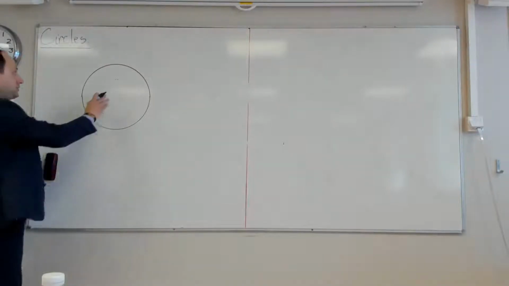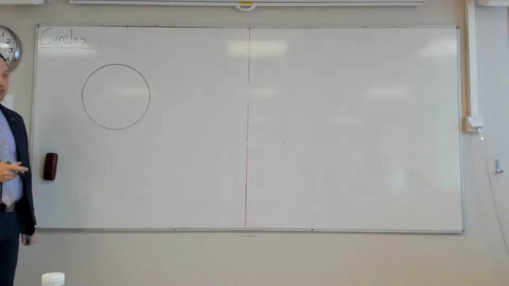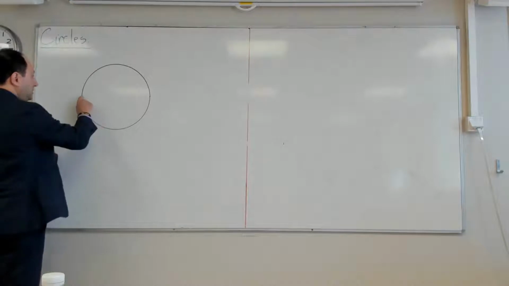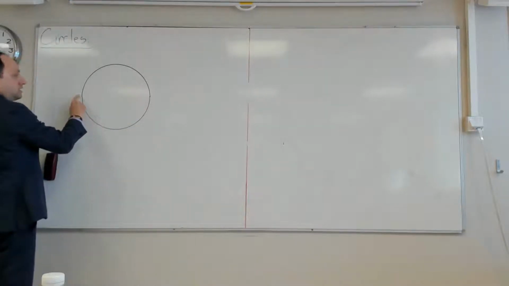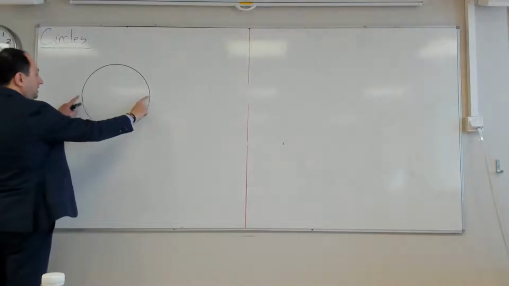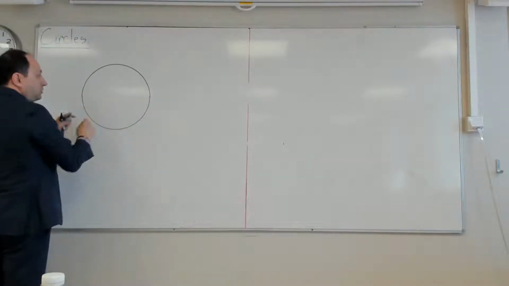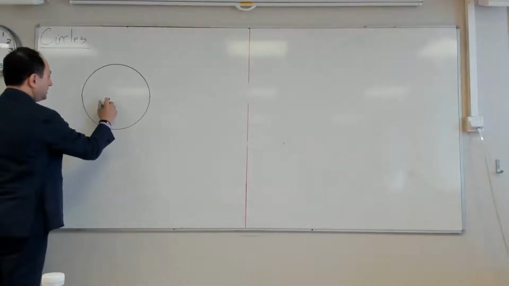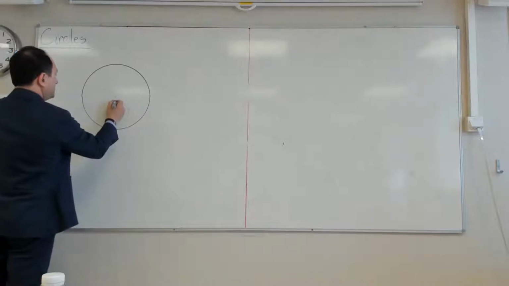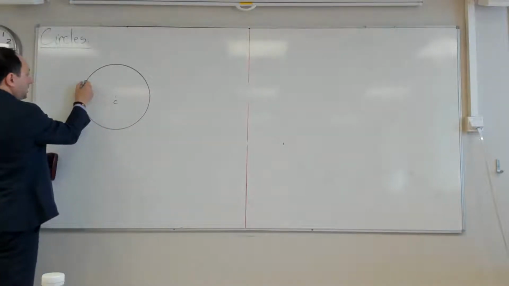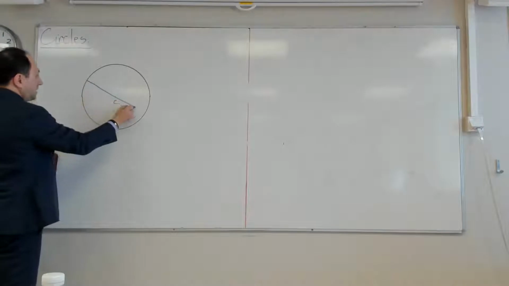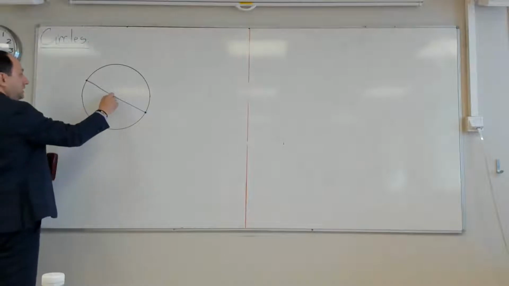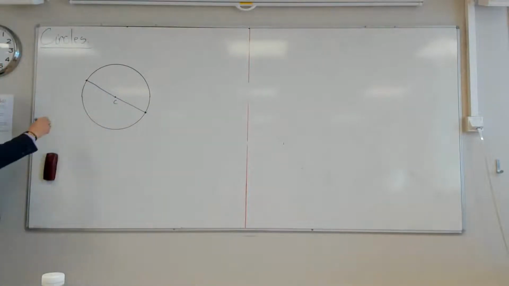So when we talk about the radius, you know about this. If we talk about the diameter, you also know about this. What is the diameter? The diameter is a line segment whose endpoints lie on the circle, but it also passes through the center. For example, if this is my center here, and I draw this line segment, this endpoint is on the circle, this endpoint is also on the circle, and it is also passing through the center.